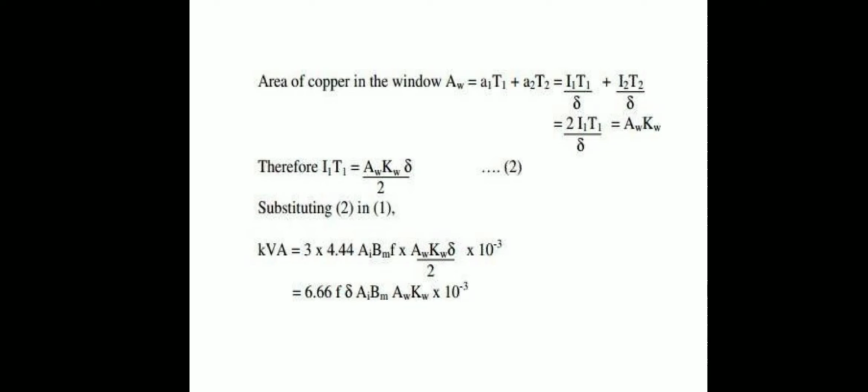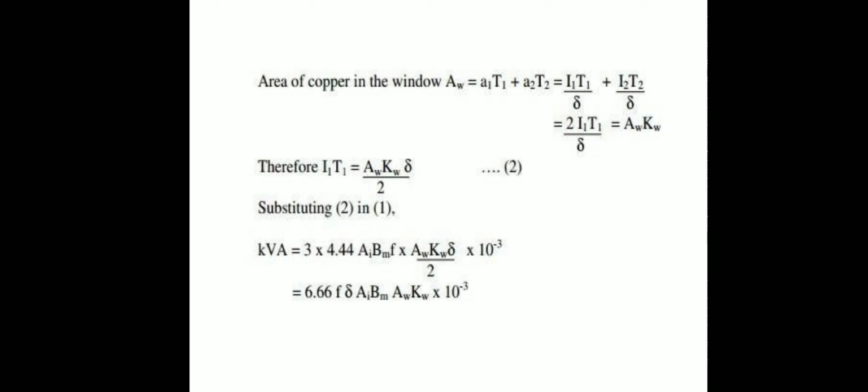Do the same process, substitute the second equation into the first equation. You will get kVA is equal to 4.44 AIBM F into AW KW delta into 10 to the power minus 3 upon 2. Do the necessary simplification.